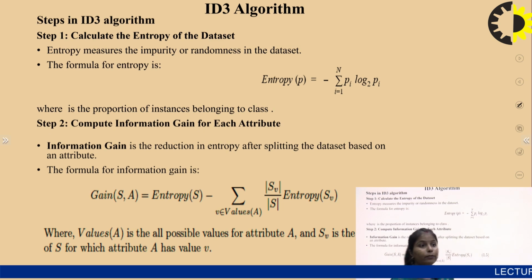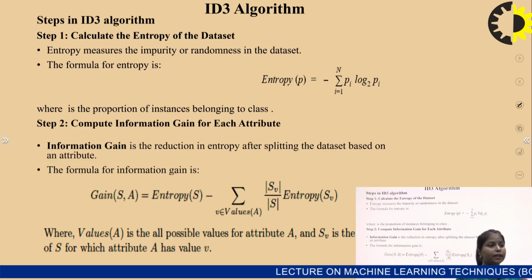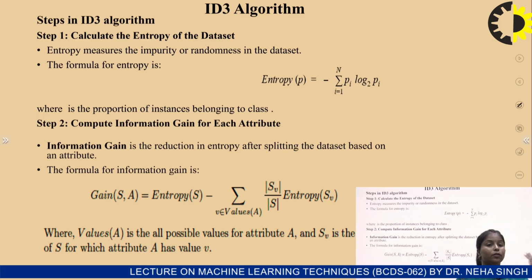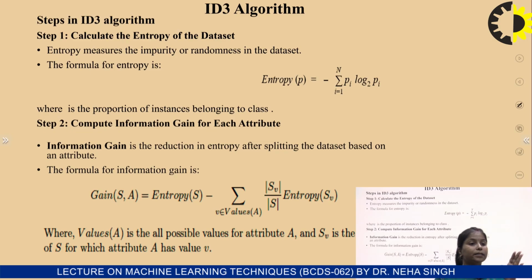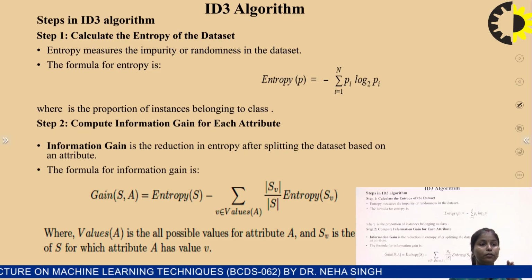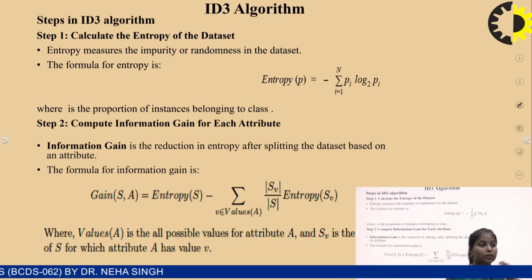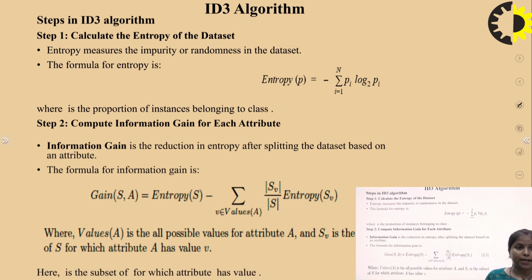The information gain formula is Gain(S, A), where S is the overall data set and A is the attribute. It equals the entropy of S, the overall data set entropy, minus summation of v belonging to values of A of |Sv| over |S| times the entropy of Sv, the particular attribute's entropy. Here Values(A) are all possible values of the attribute A, and Sv is the subset of S for which attribute A has the value v.